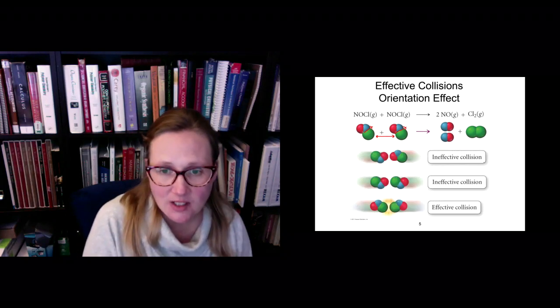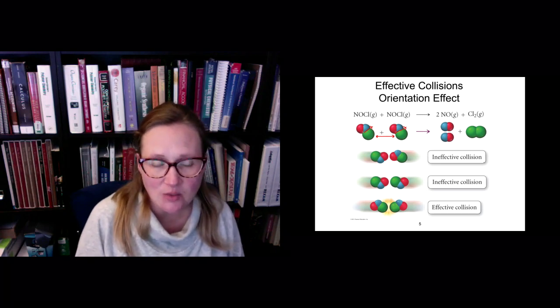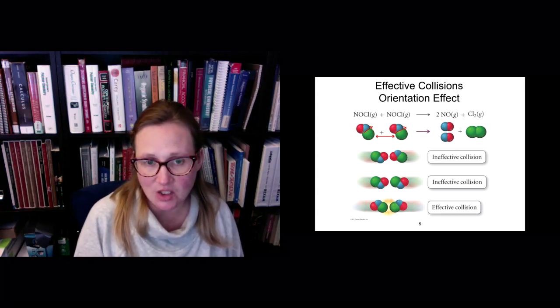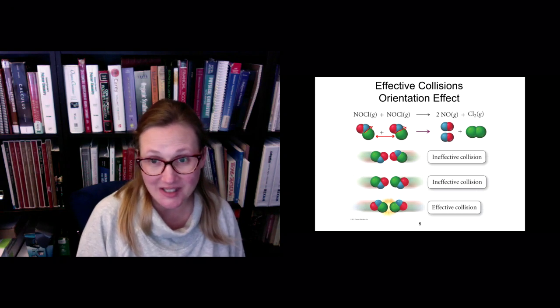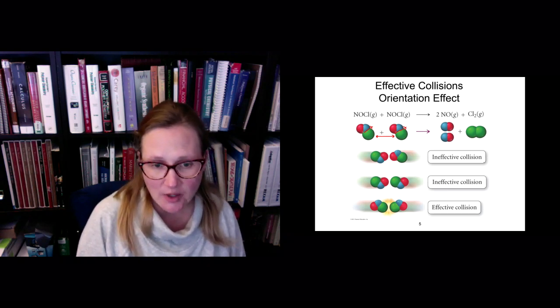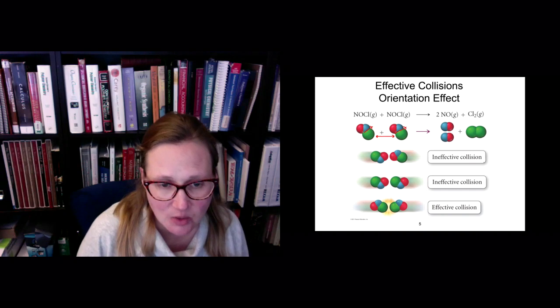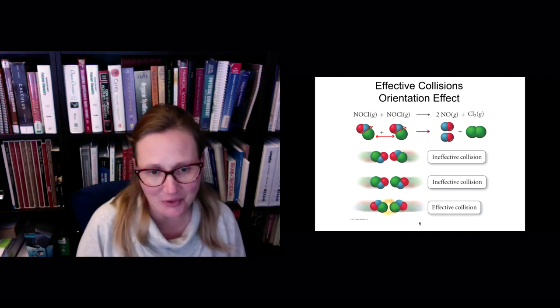If we look at the top one, which I'm calling an ineffective collision, we have a collision between the oxygen atoms. That's not going to get us to a chlorine molecule, so it's ineffective. It doesn't have the right orientation. The next one is a collision between chlorine and oxygen. Again, that's not going to get us to our chlorine molecule.